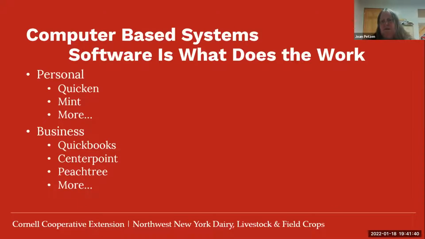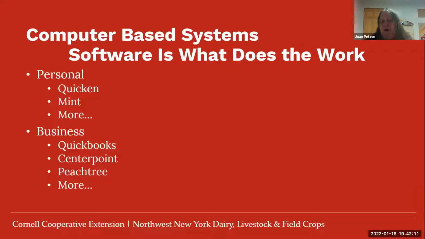Computer-based systems: it's the software that does the work when we're using a computer-based system. Some personal software that people sometimes use are Quicken or Mint, or there's a whole laundry list of different computer-based systems out there. And then for businesses, many people use QuickBooks. That is a fairly inexpensive record-keeping system that is computer-based.